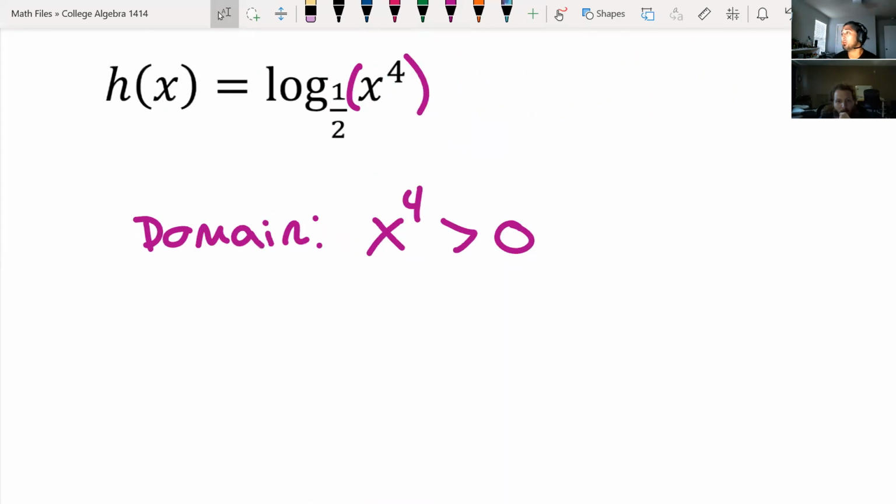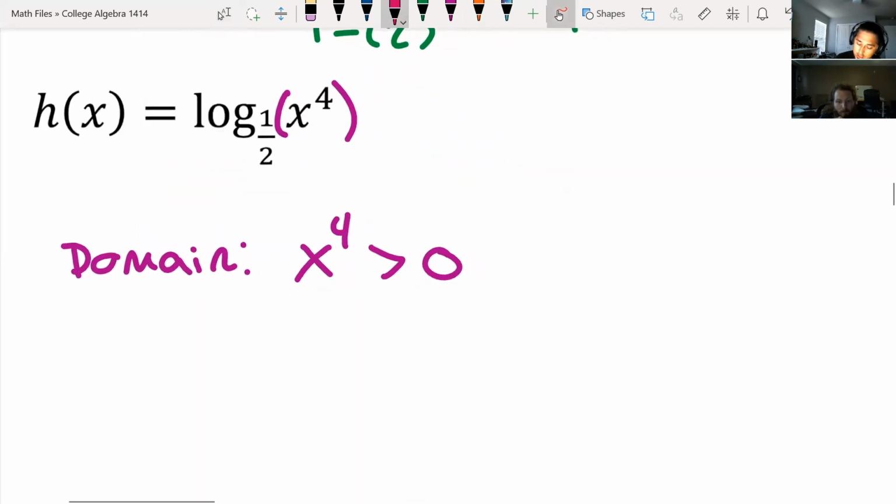Well, what we're going to do is, of course, take the 4th root of both sides.